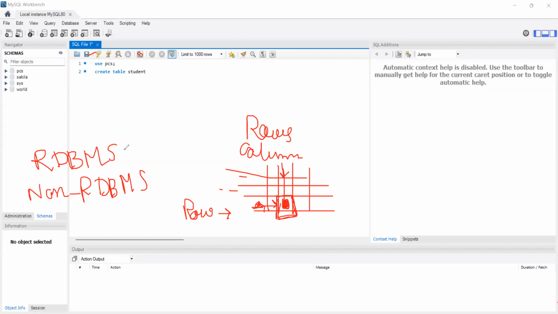Okay. So RDBMS means relational database management system, where there is a relation in tabular format, rows and columns.